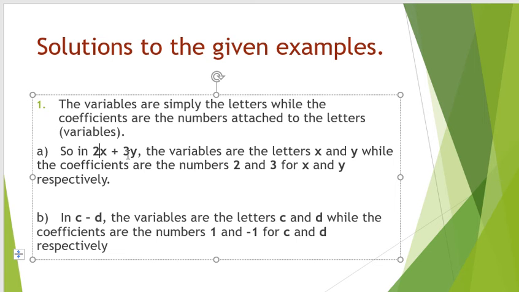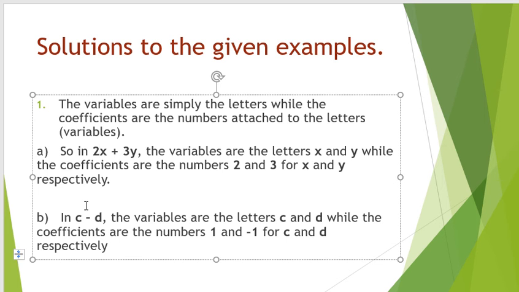But I want to mention that this positive sign belongs to this number here. Therefore, the coefficient of y here is positive 3. So the variables are the letters x and y, while the coefficients are the numbers 2 and 3 for x and y respectively.